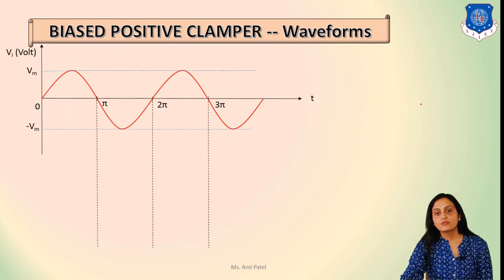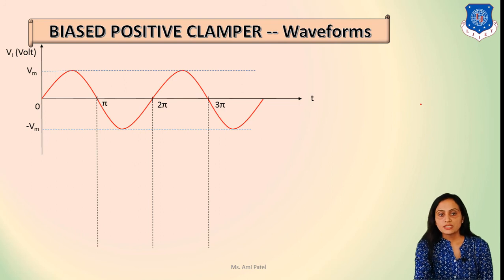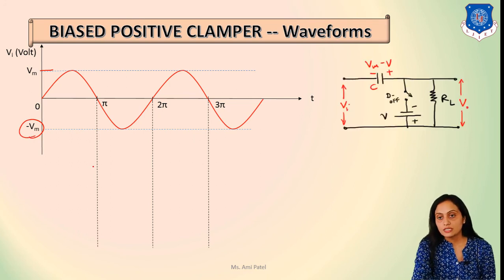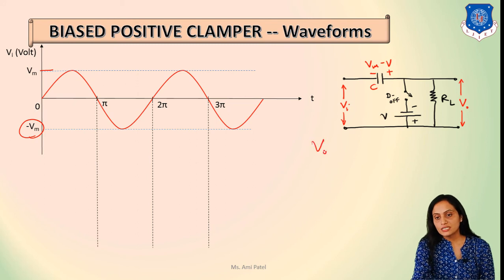Now we will see the waveform for the biased positive clamper, and this is the input signal which we have applied. The peak positive value is Vm, that is the amplitude is Vm, and the negative peak is minus Vm. Once the capacitor is charged to its peak value, that is Vm minus V, the equivalent circuit would be this for all the subsequent half cycles, and the output voltage we had already seen in the previous slide, that is Vm minus V plus Vi.